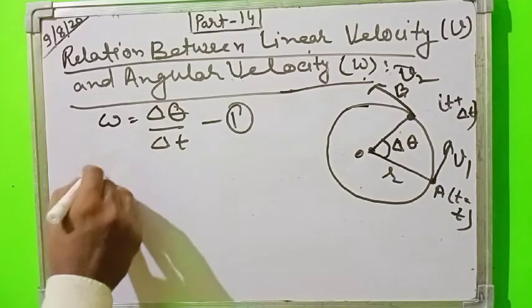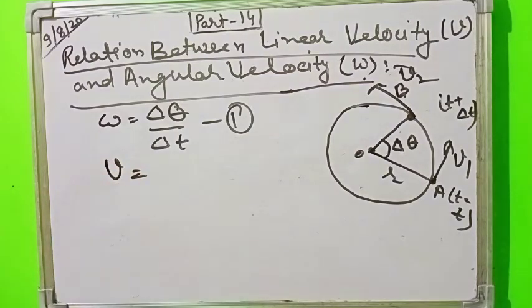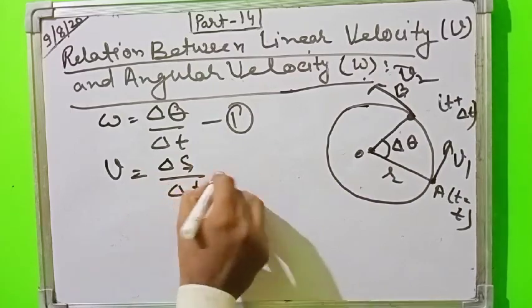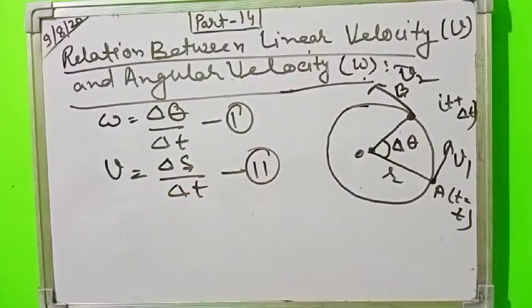But linear velocity is linear displacement upon delta t. This is equation 2.